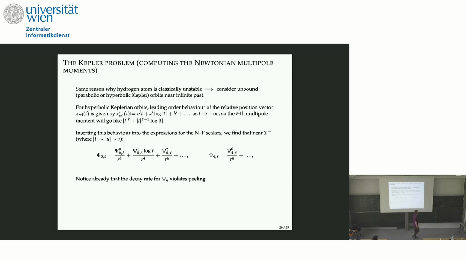What we take away from this is that psi naught decays like r to the minus 3 here, and psi4 decays like r to the minus 4 here. Okay, are there any questions on this generation problem part of the talk?